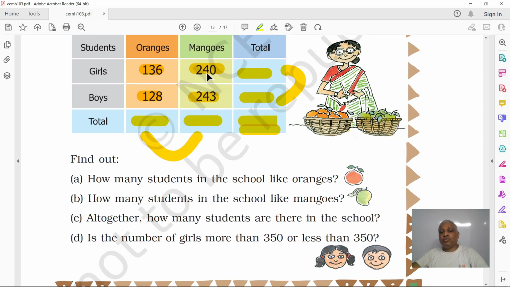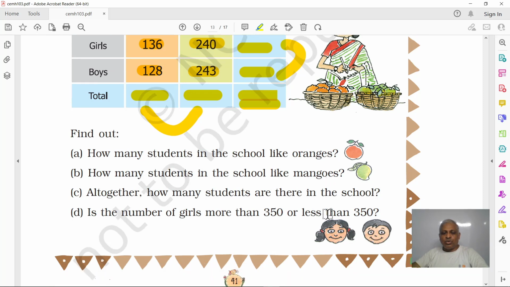And here 4 tens, 40. 40 plus 30 is 70. So hundreds how many? 1 plus 2, 3. Tens 70. So 370 plus 6, 376. So the number of girls is more than 350, right?